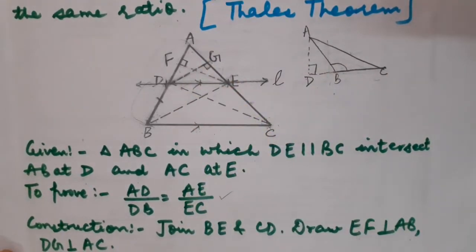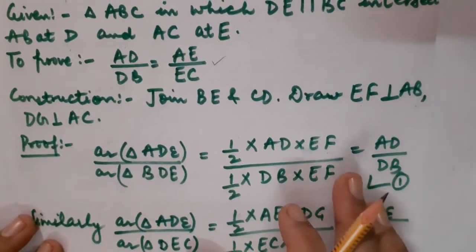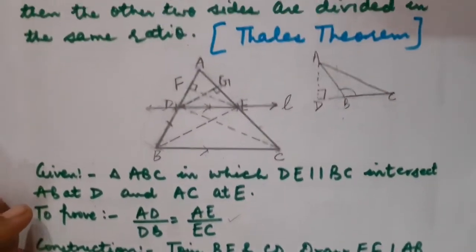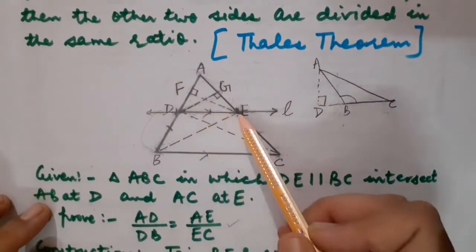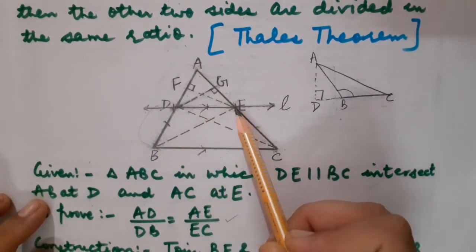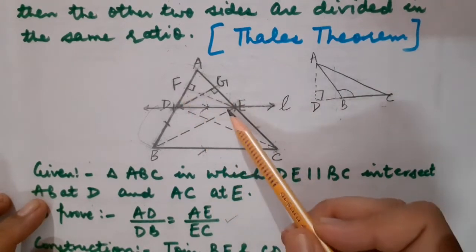Clear? Now, in the proof, which 2 triangles am I going to take? Please be alert. I am going to take triangle ADE and triangle BDE, while taking EF as an altitude.